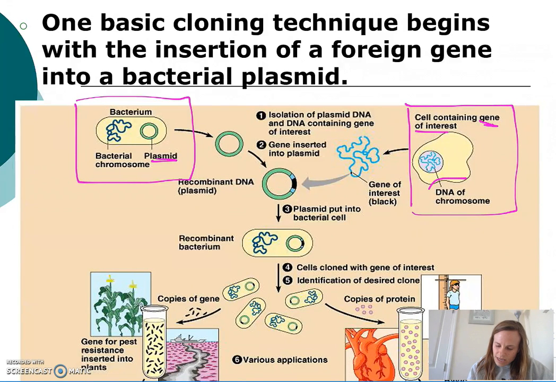So here's the DNA found in the nucleus of that cell. This is our DNA, and this little black part that I just covered up is our gene of interest. This is the gene that codes for, following along with our example, sickle cell anemia.